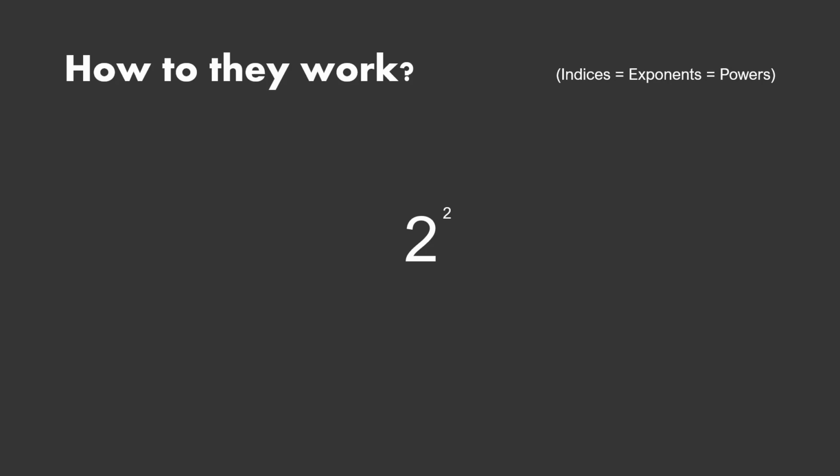If we have it to the power of 2, then it just means times 2 by itself. So 2 times 2. To the power of 3 would mean there's 3 2's. To the power of 1 would mean there's 1 2, which means it's just 2. To the power of 0 is a weird one, but that equals 1. Don't ask me why, I have no idea.